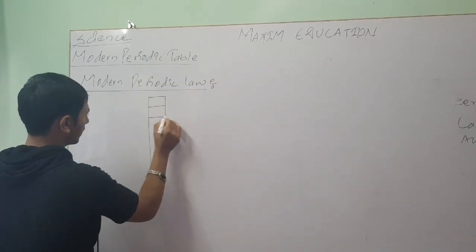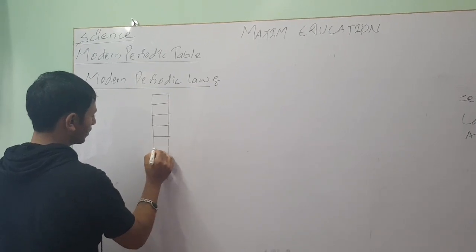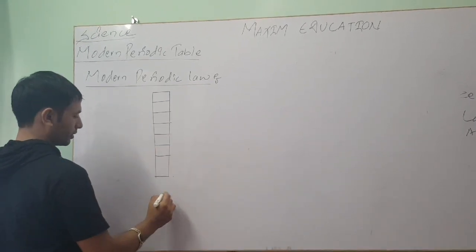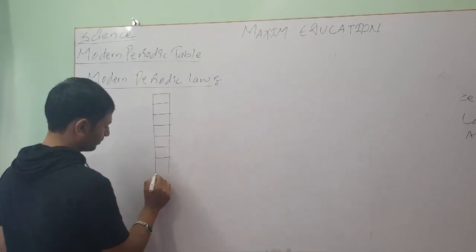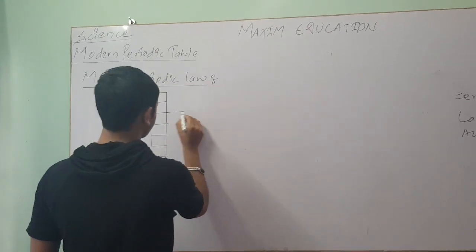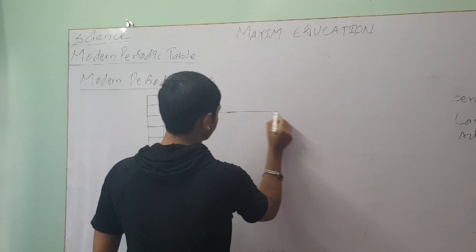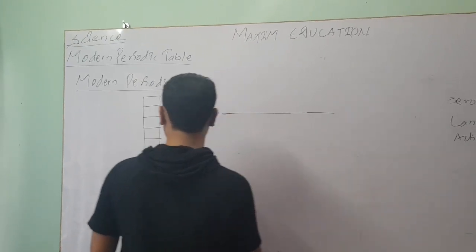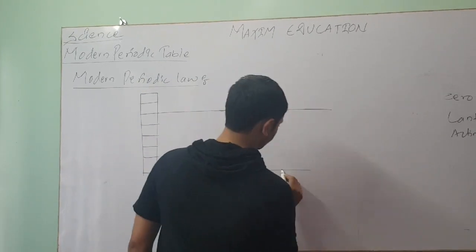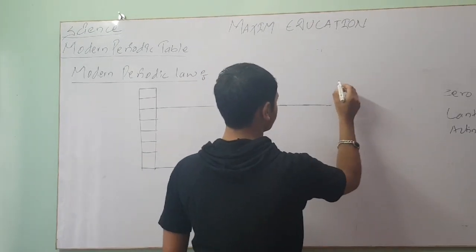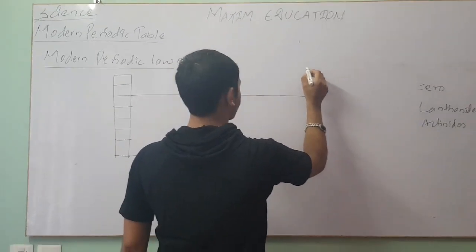First, second, third, fourth, fifth, sixth, seventh. First, second, third, fourth, fifth, sixth, seventh, eighth, ninth, 10th, 11th. I think almost it will come over here. Let's see.